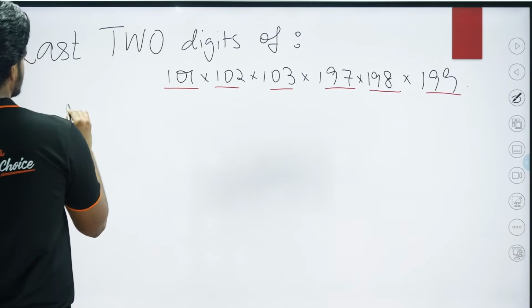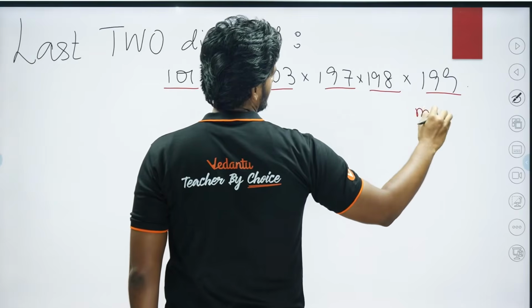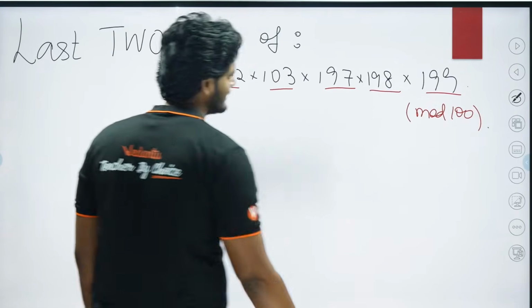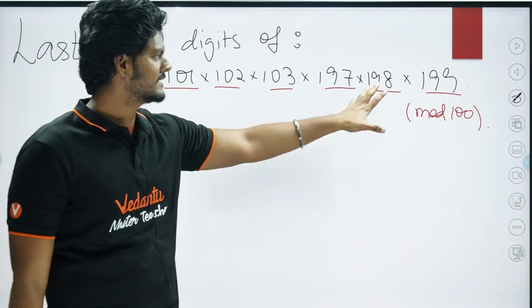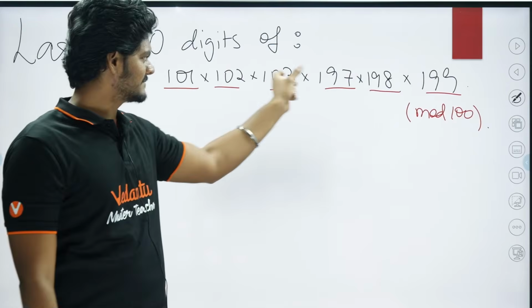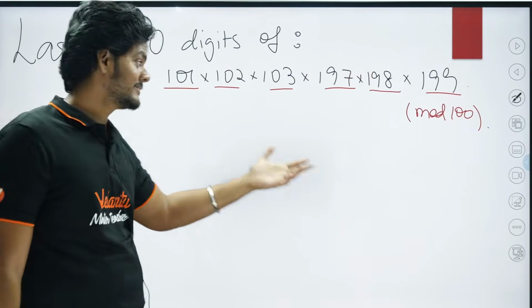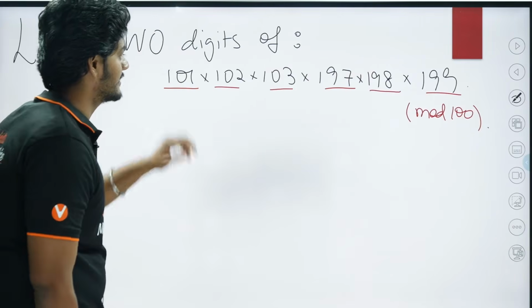So we just need to take this product mod 100, right? The moment we know that, now we know that each of these numbers is close to a multiple of 100.